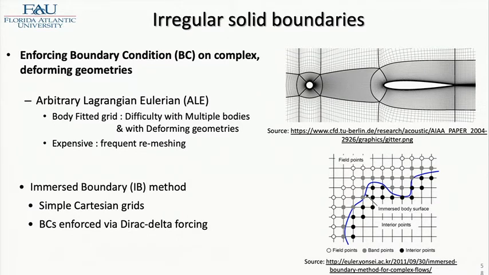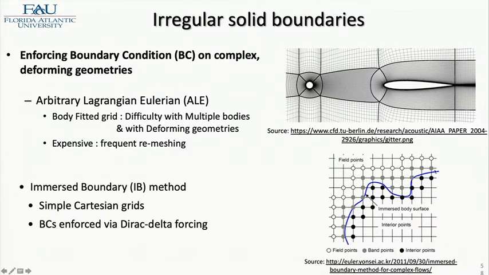The basic idea here is you have your background grid that still looks like nice squares or rectangles. And then you have this potato over here, right? So that's just the surface of the irregular body. And all the black cells are inside the body, all the open circles are outside the body, and the gray shaded ones are the ones that can feel the influence of the body.